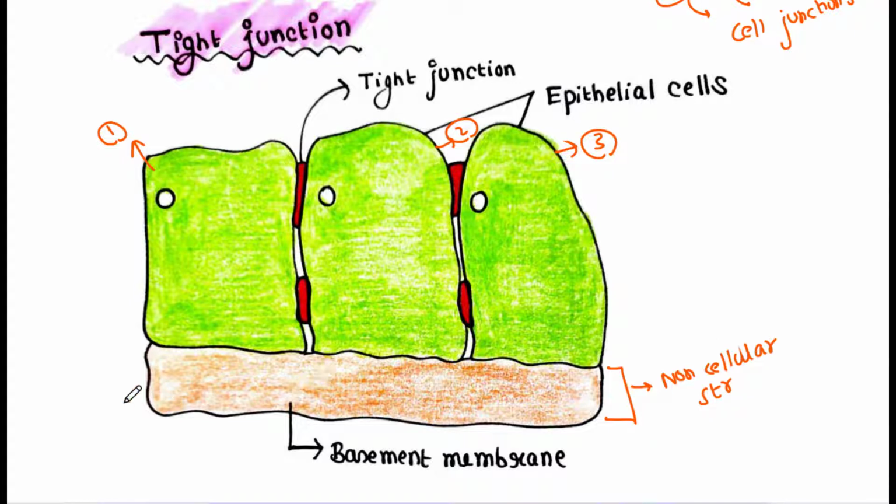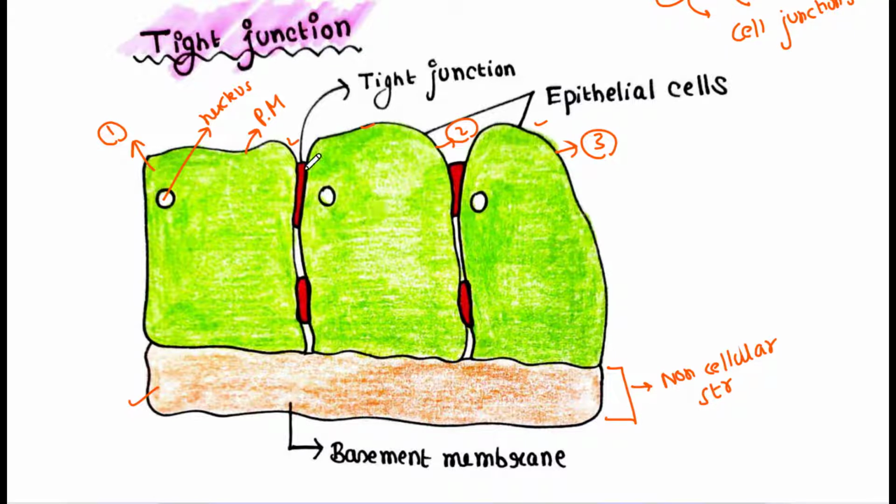That means these cells are epithelial cells because epithelial cells are only found above the basement membrane. So this is the nucleus which is present in every cell, and this boundary is the plasma membrane.